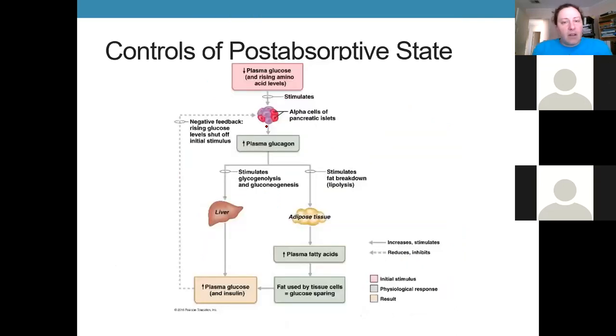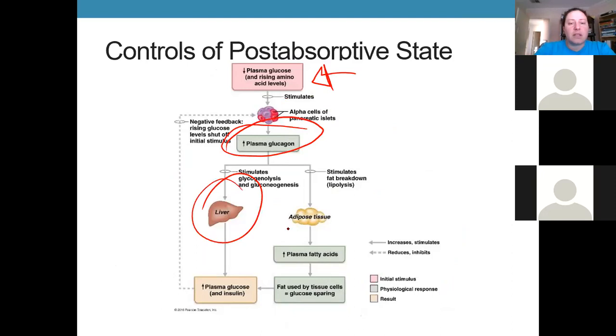So this is a nice little flow with fewer words, showing the feedback loops of this. Again, decreasing blood glucose levels will stimulate glucagon release. Glucagon acts on the liver to release glucose and the adipose to release fatty acids.